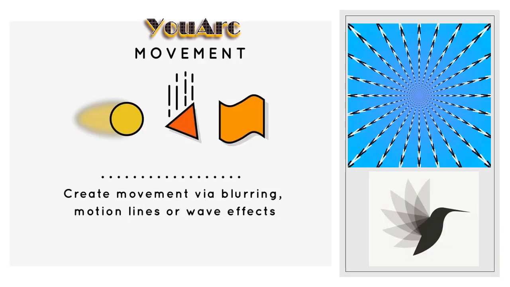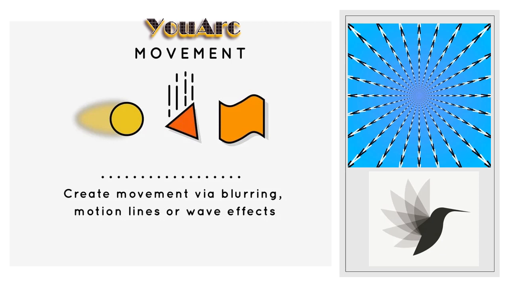We can create movement by blurring, using motion lines, or creating a wave effect. In this figure, which is in blue, it directs the viewer's eye along a path. It is creating some movement or action, giving us some direction in which our eye has to move. Let's see another logo example.